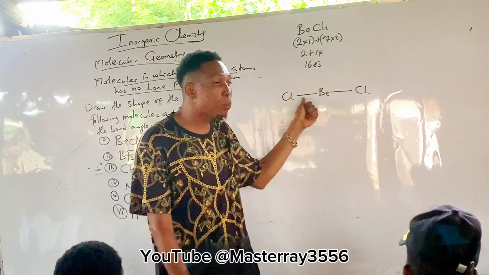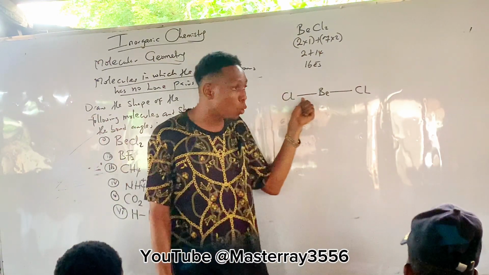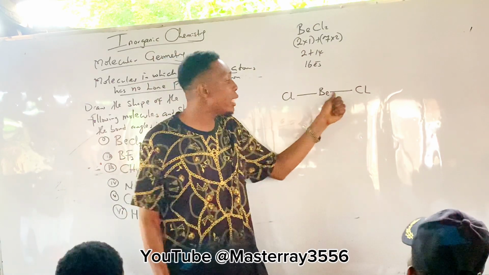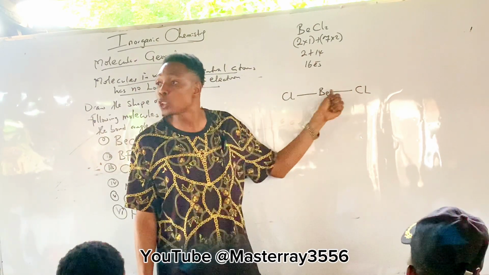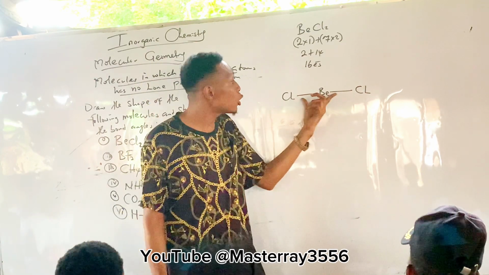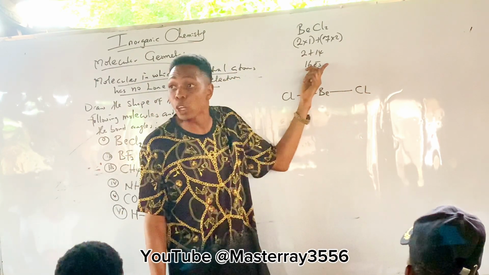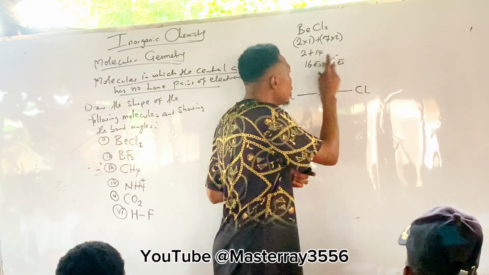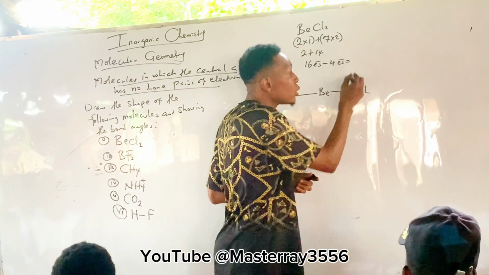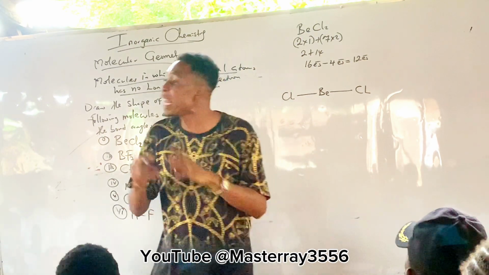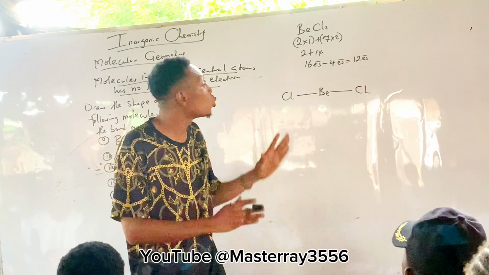This is known as bond electrons or shared electrons. 2 plus 2 gives 4. You subtract your bond electrons from the 16, which is 16 minus 4 giving 12 electrons.